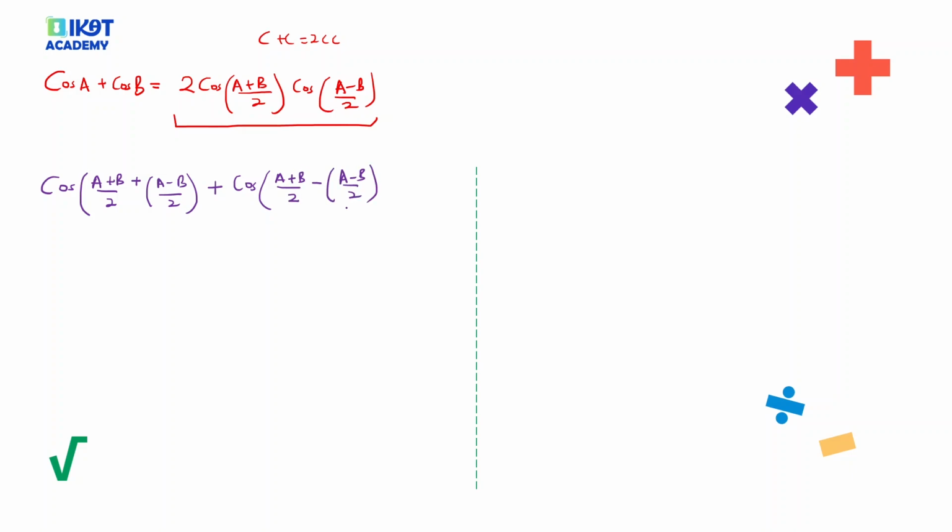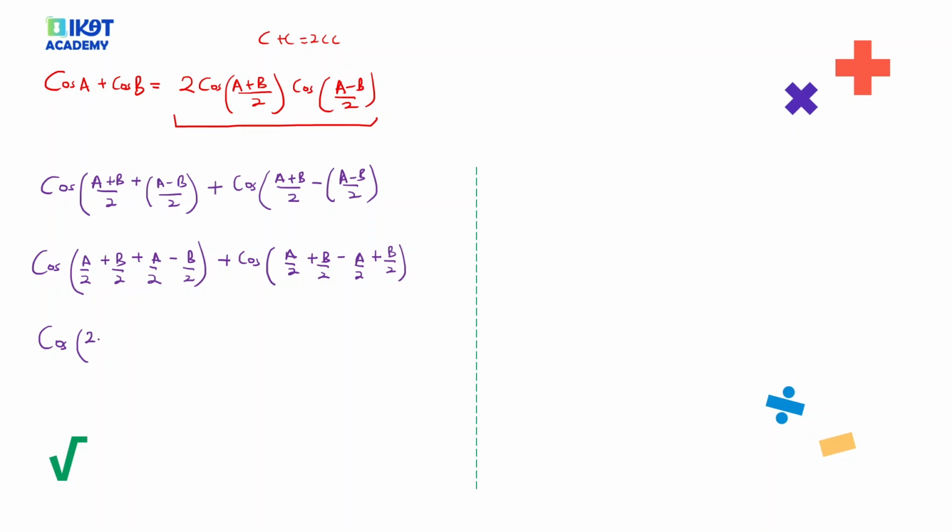So here we get cos (A out of 2 plus B out of 2 plus A out of 2 minus B out of 2) plus cos (A out of 2 plus B out of 2 minus A out of 2 plus B out of 2). I'm opening the bracket. So here I get cos (A out of 2 plus A out of 2), which becomes 2A out of 2.